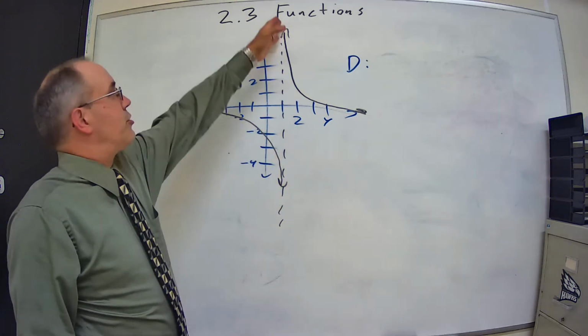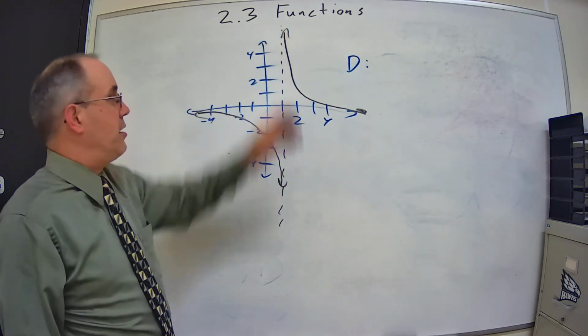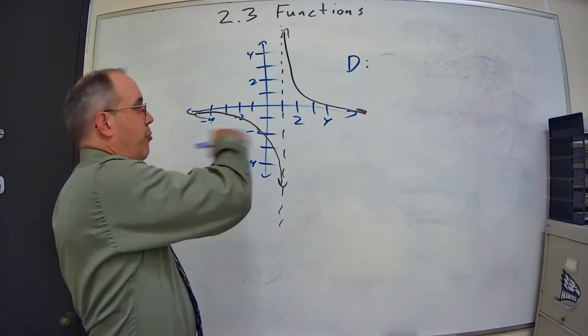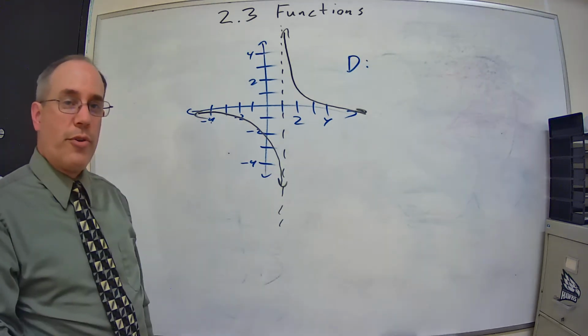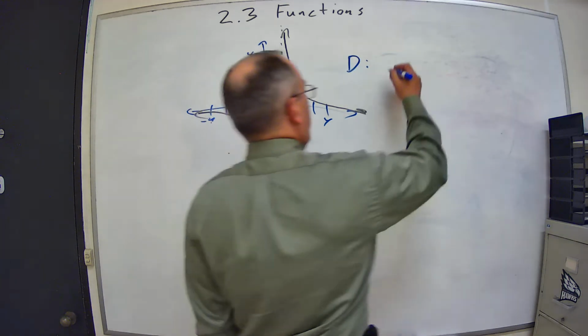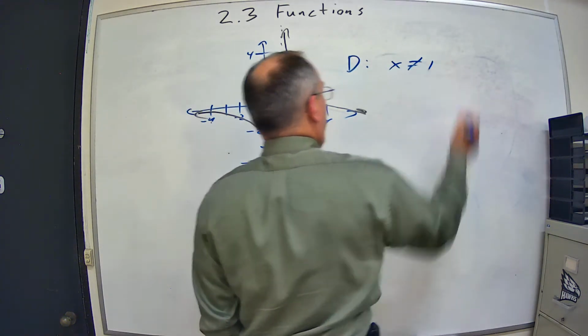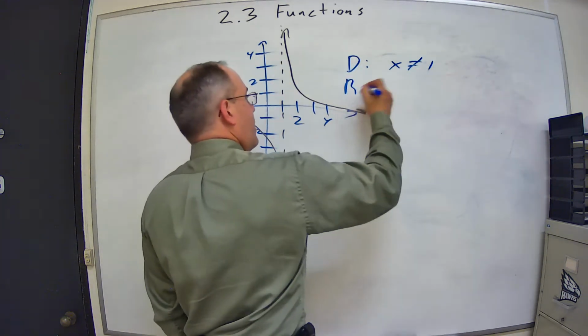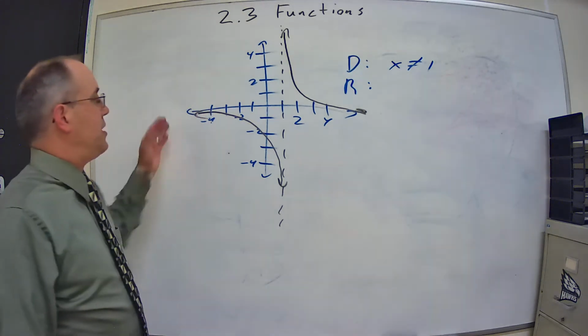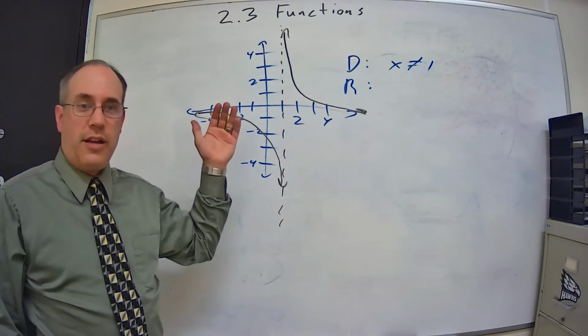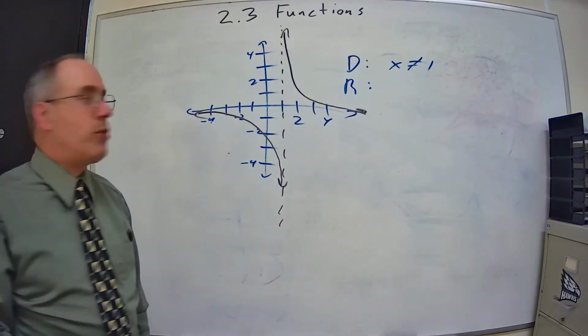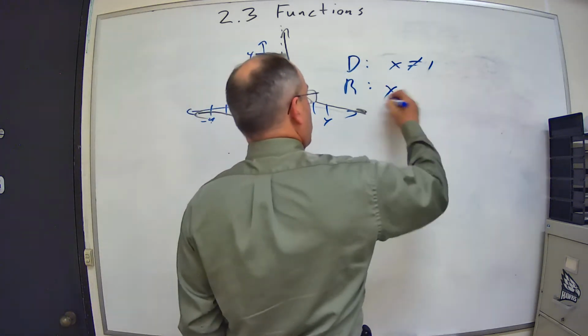And this is getting closer and closer, but it's never actually touching it. So we know that the domain is all real numbers except for when x is equal to 1, so x not equal to 1. And what about the range? Well, the range, we see that the x-axis is acting as an asymptote, so y can't be equal to 0.